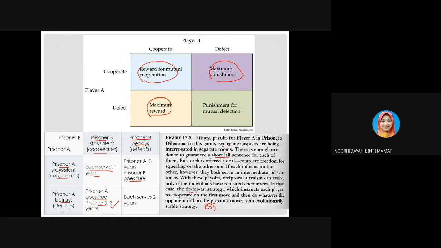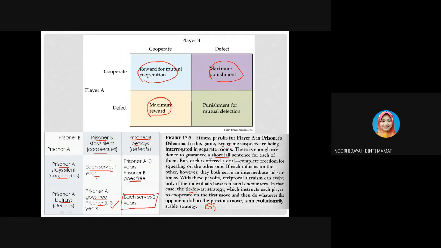But if both betray, both defect, and both serve 2 years. Compare that, if they both cooperate, they will get only 1 year in jail.